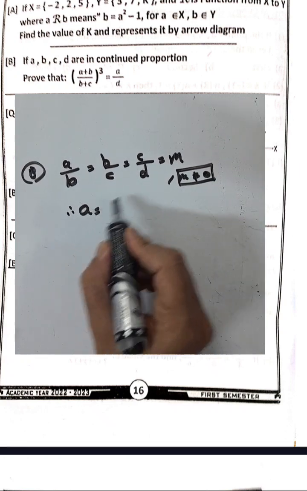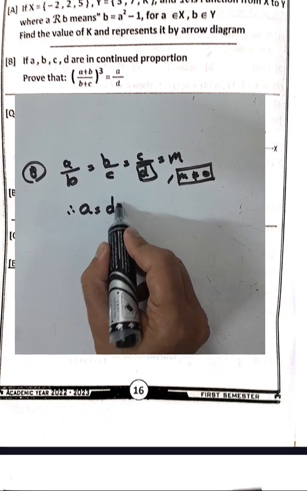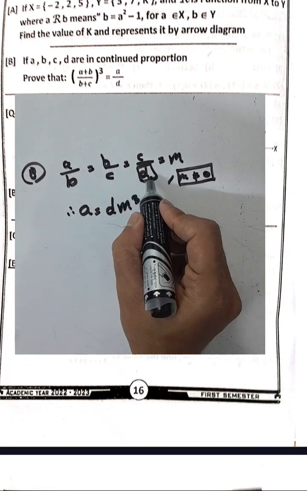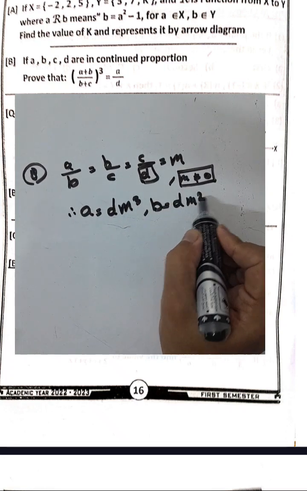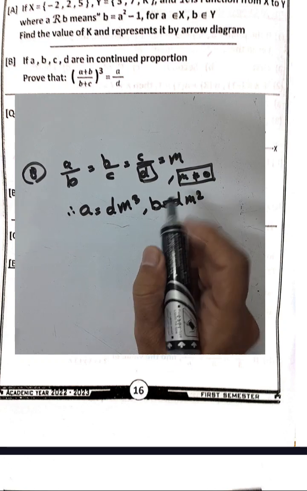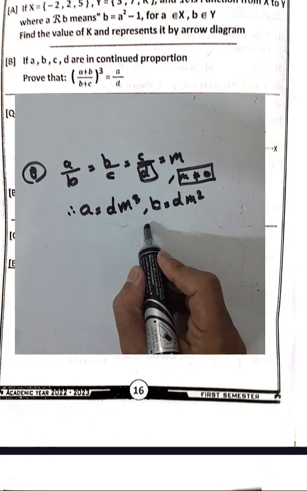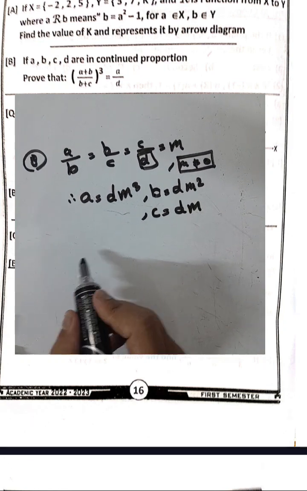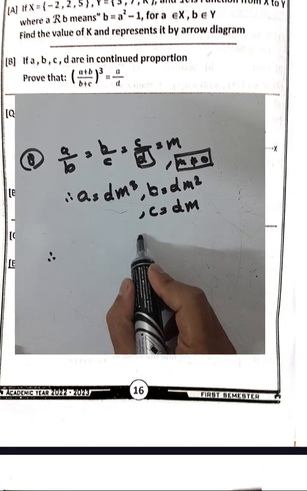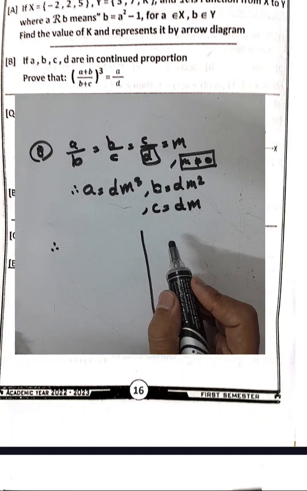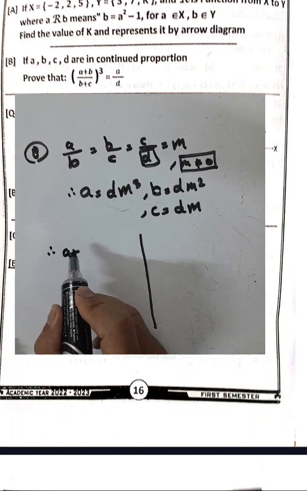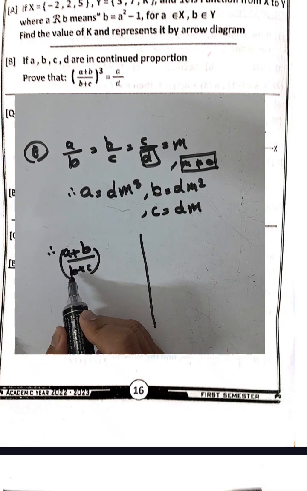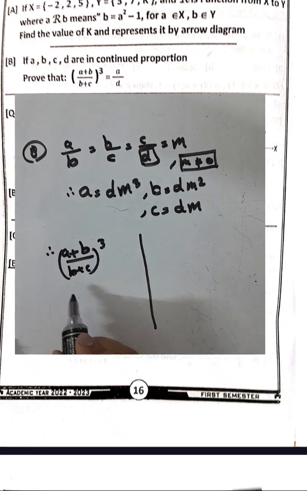Then a will be d m power 3, b equals d m power 2, and c equals d m. Then we want to find the left hand side and the right hand side. Left hand side: a plus b over b plus c, power 3.